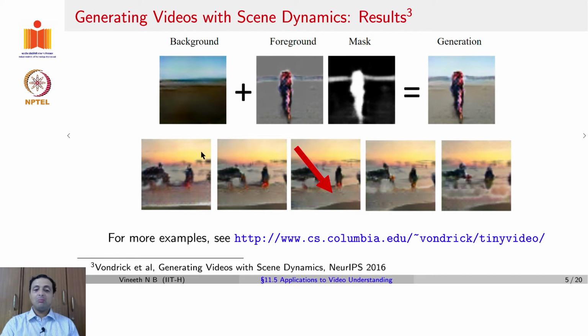You see below another example where, if you observe carefully, you can see here that the waves at the bottom seem to be receding, which shows the movement across the frames generated in the scene. If you'd like to see more video examples, please go to the website of this paper right here, and you should be able to see many more examples of videos generated through this method.